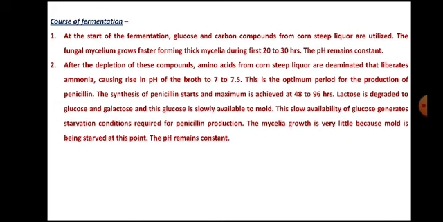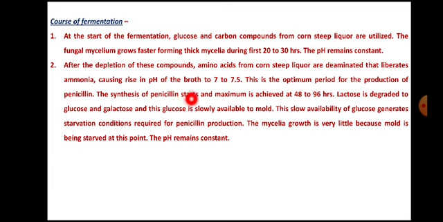Utilization of amino acids leads to formation of CO2 and NH3, that is ammonia. Due to the release of ammonia, the conditions become alkaline. That means the pH of the fermentation broth will rise from 7 to 7.5. This is the optimum pH for the production of penicillin.